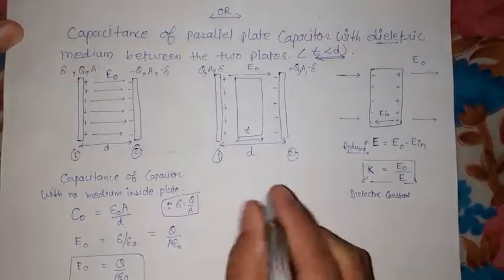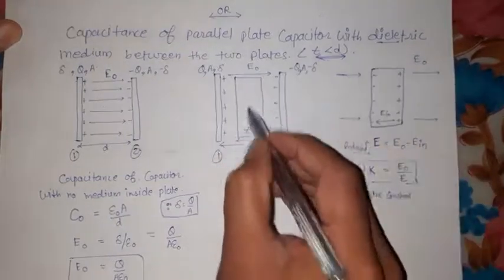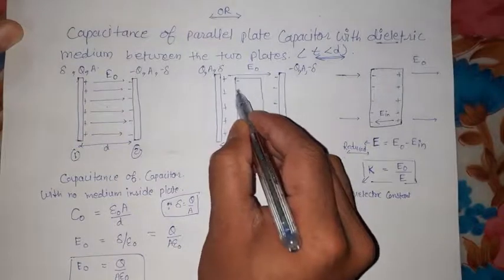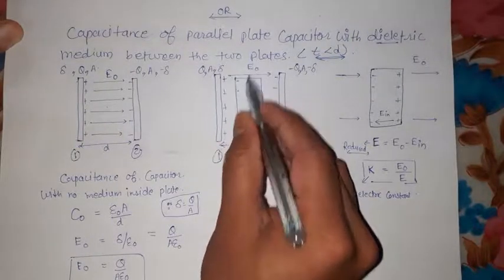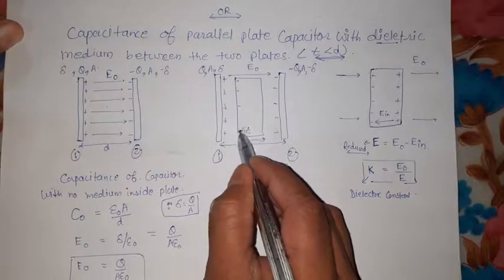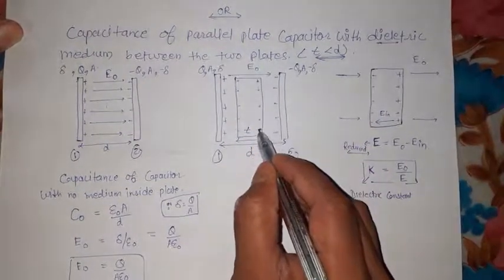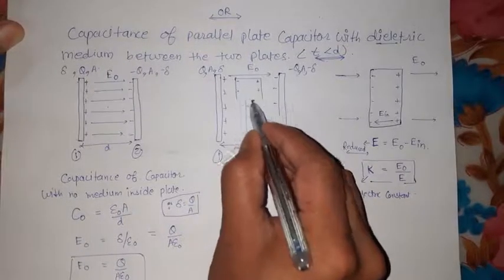Now, as we know, when this dielectric is placed in the electric field E naught, negative charge will be induced on this surface and positive charge on the other surface. So what will be the field inside?